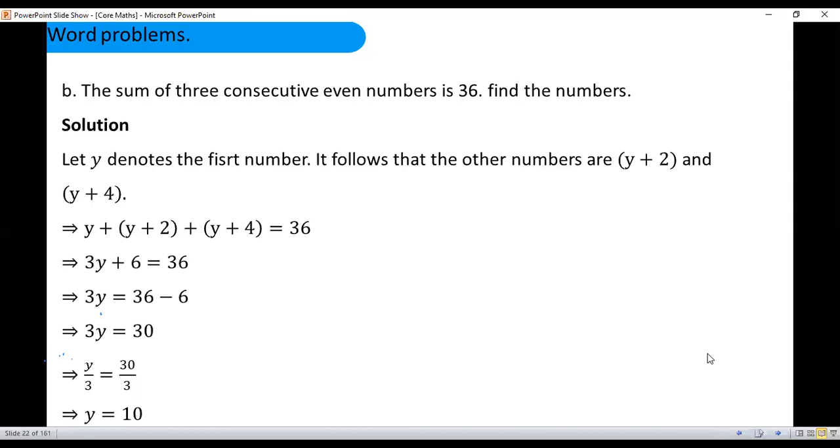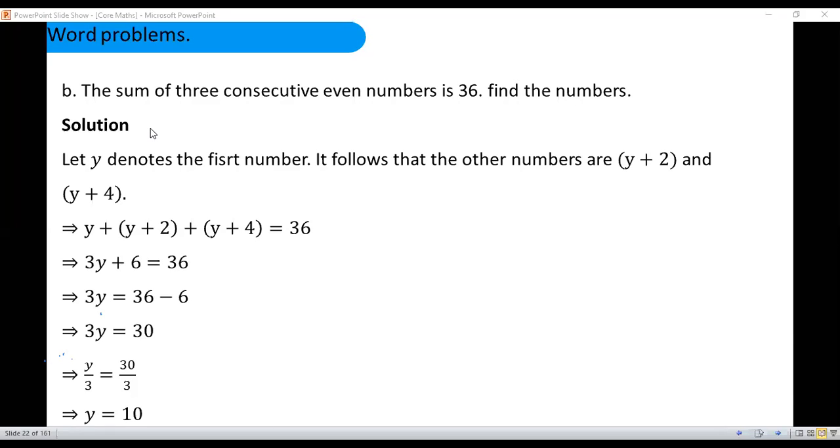Even numbers are 2, 4, 6, 8, 10, and so on. Consecutive means they follow each other, for instance 2, 4, 6, or 6, 8, 10, or 20, 22, 24.